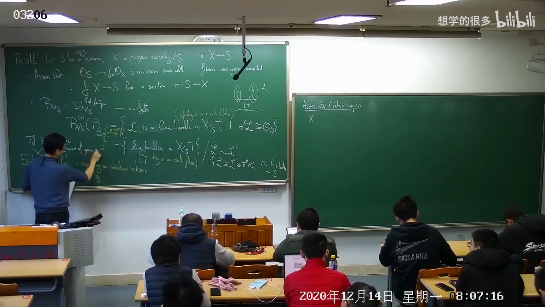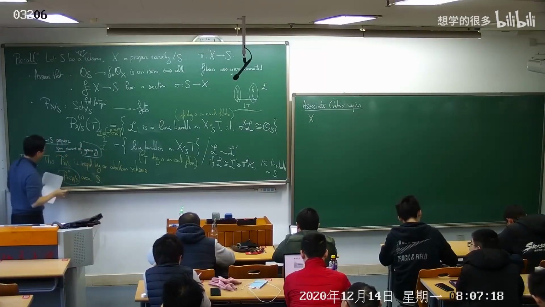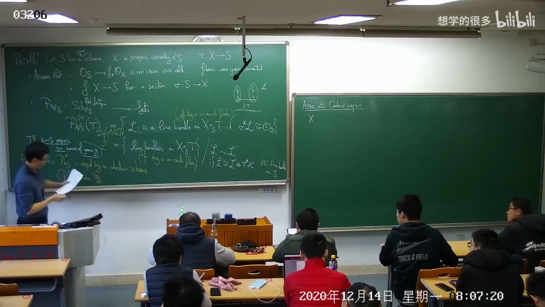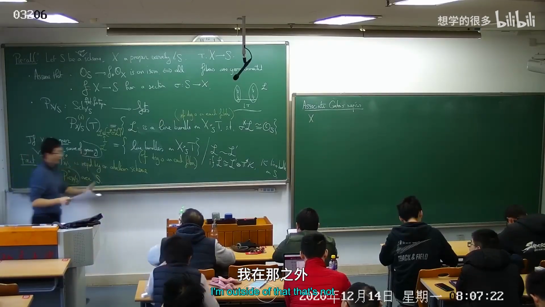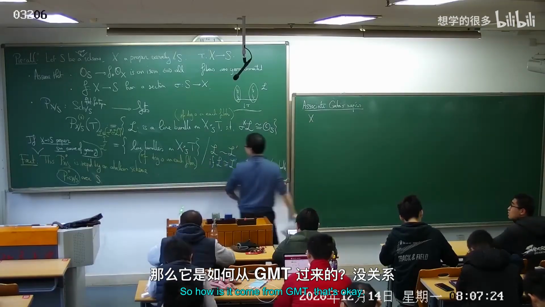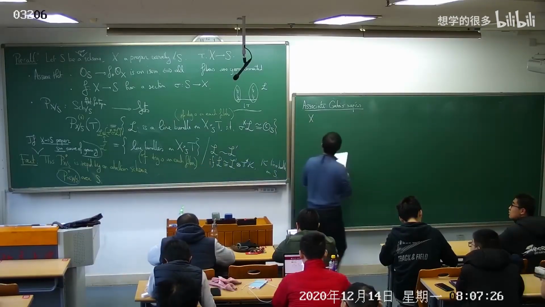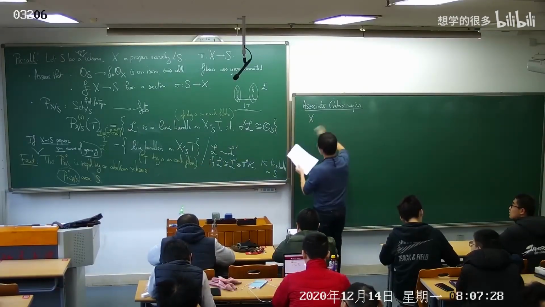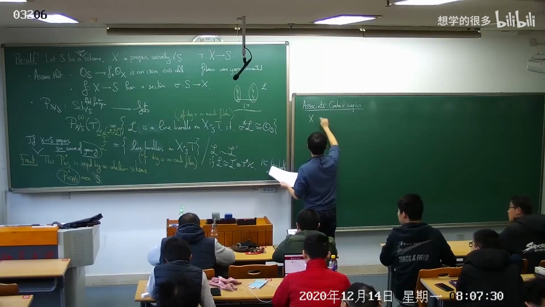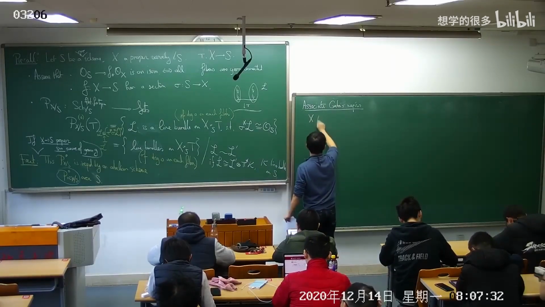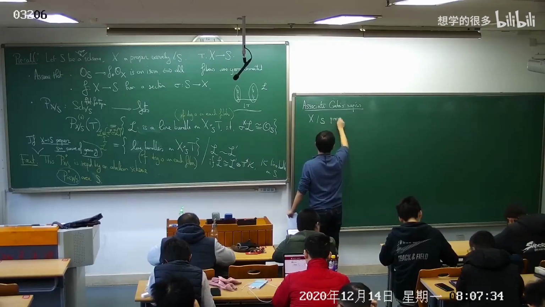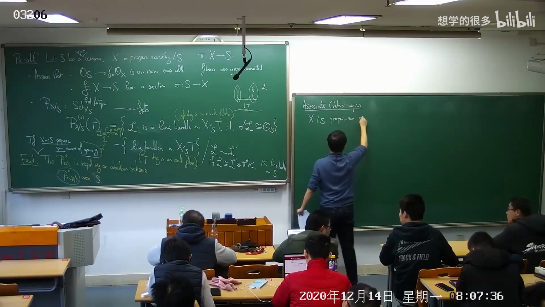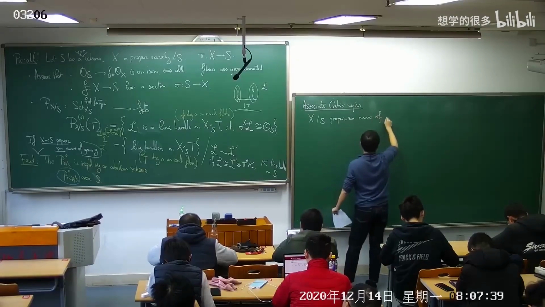The reference I had required some assumption. So, proper smooth curve of genus g over S, that's okay. So that's what we're going to consider anyway. So now X is a proper smooth curve of genus g.